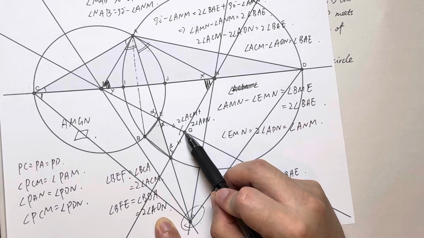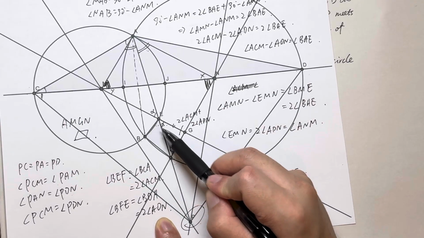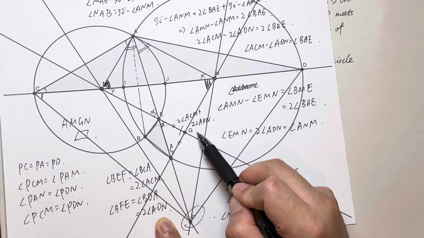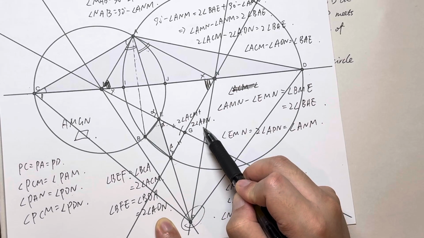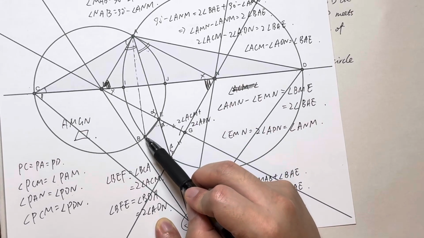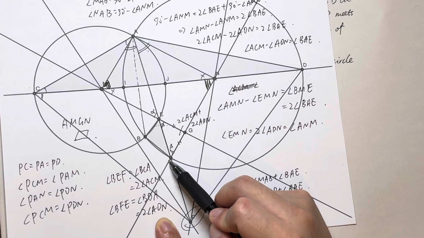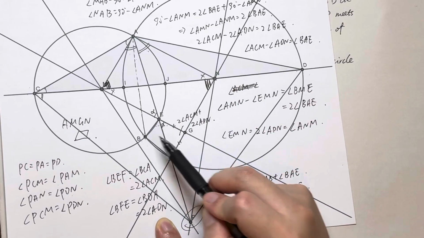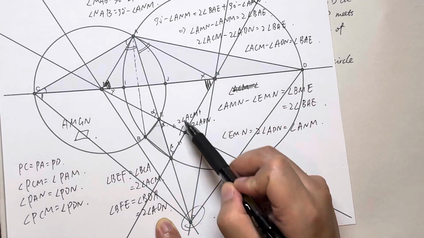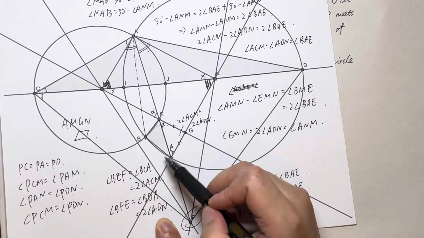And we know that this angle plus this angle is exactly twice of ACM plus twice of angle ADN. That means the angle EGF plus angle EBF equals 180 degrees, which means EBFG are cyclic. So G is on the circumcircle of the triangle BEF.